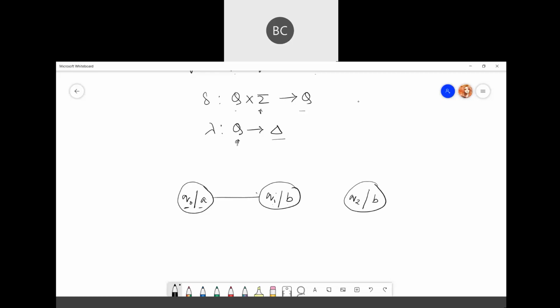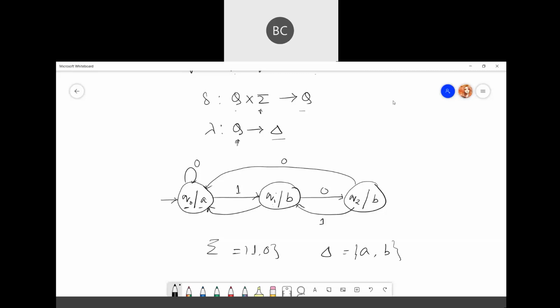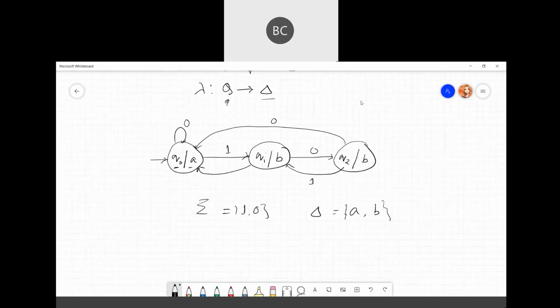If we make transitions like this, you can see the only difference is that for each and every state, there is an output. Here the input symbols are 1 and 0 and our output symbols are A and B. Now, for example, we want to check what the output is for a particular string.